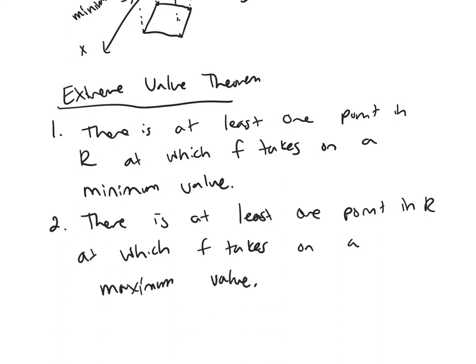So this theorem guarantees that I have a maximum and a minimum value over this when I'm restricting myself to this region R. So you can think about this as saying you have an absolute minimum and an absolute maximum.